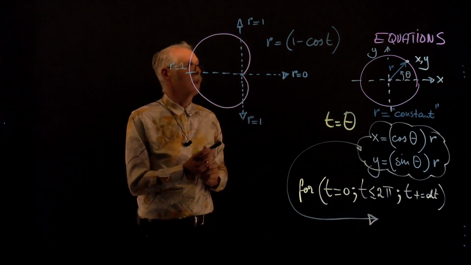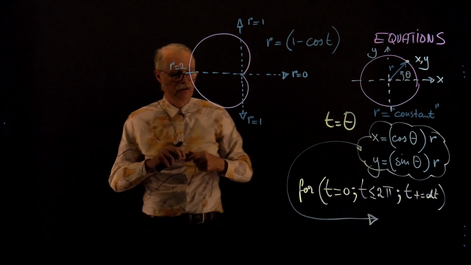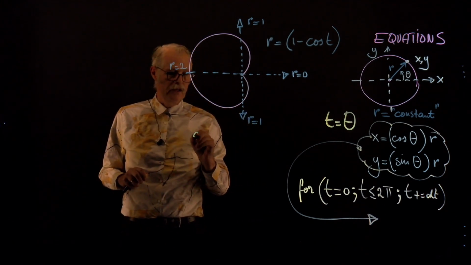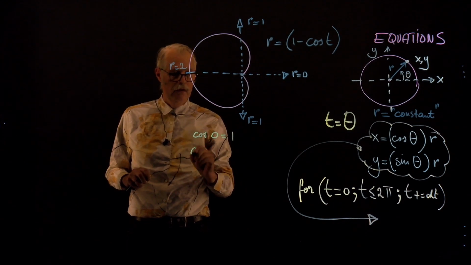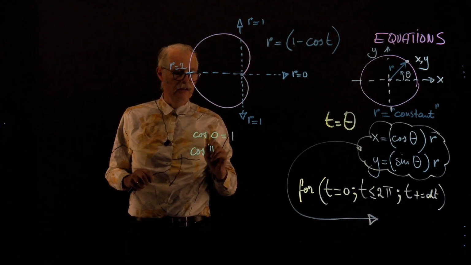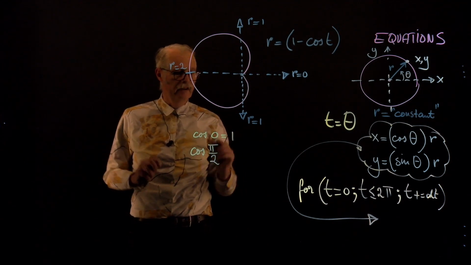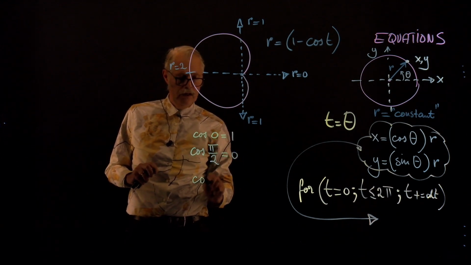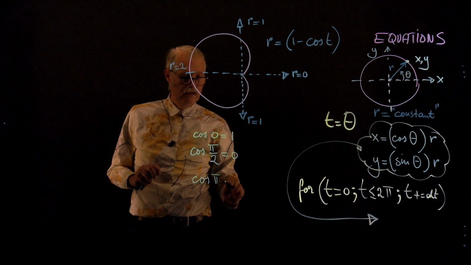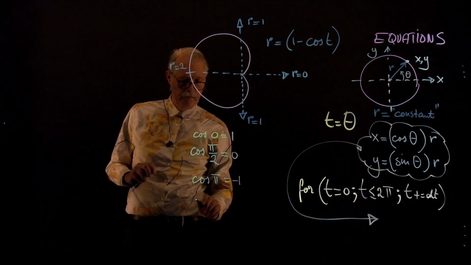Perhaps you still recall how the cosine works. The cosine of 0 is 1. The cosine of 90 degrees, pi divided by 2, that's 0. Cosine of pi equals even minus 1.